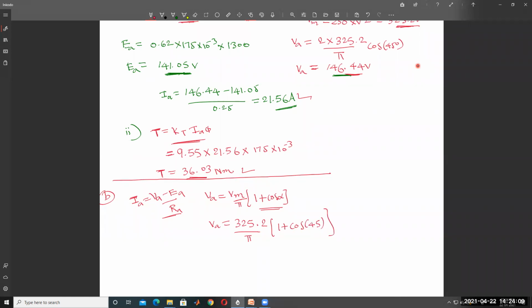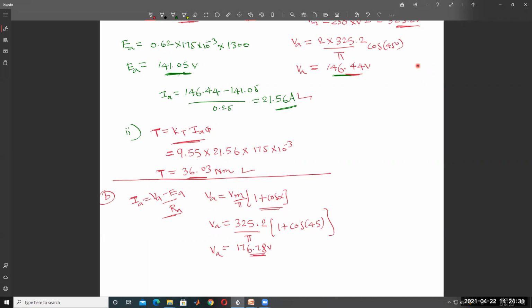Same procedure as the full wave converter. We get 176.78 volts. This is the armature voltage supplied to the motor.